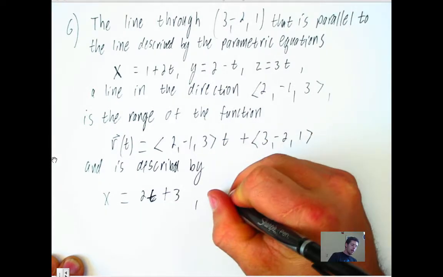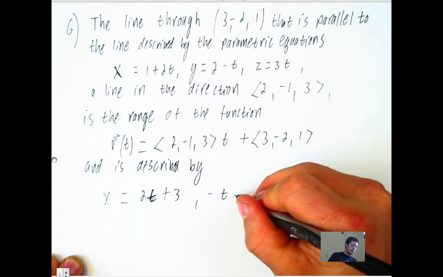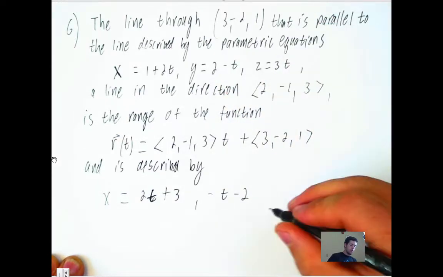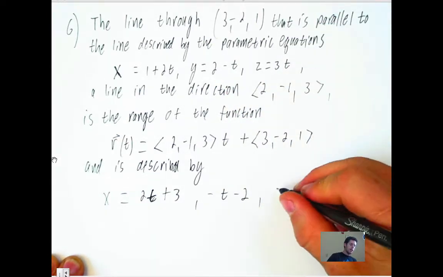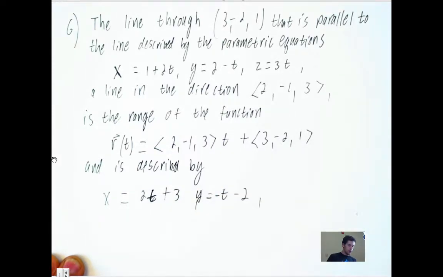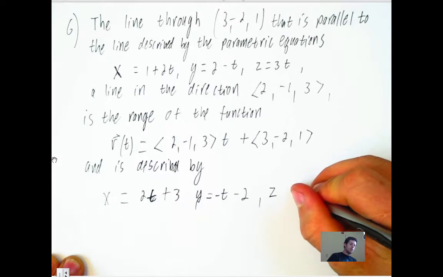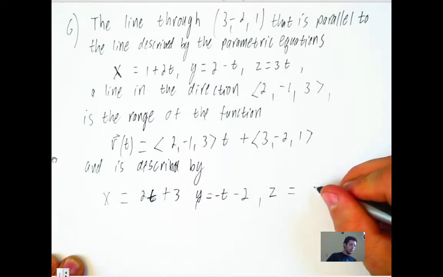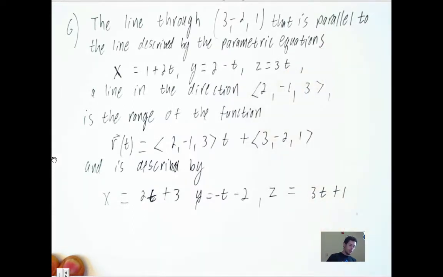For y, I have negative 1 times t minus 2, and that is indeed different from this. I have a negative 2 instead of a positive 2. And z is equal to 3t plus 1, and that is different from 3t.